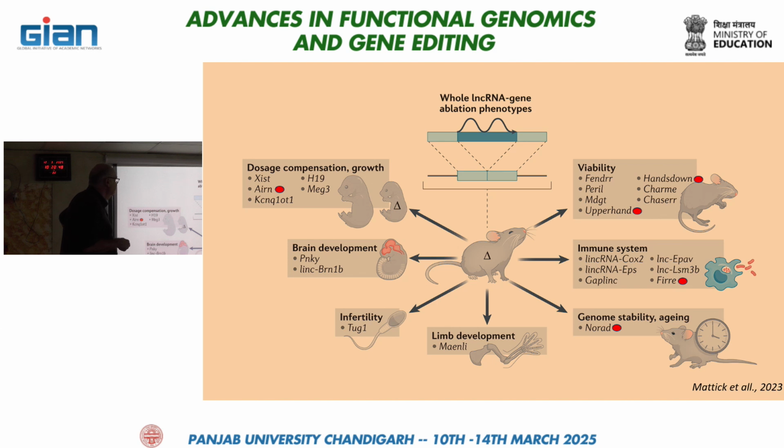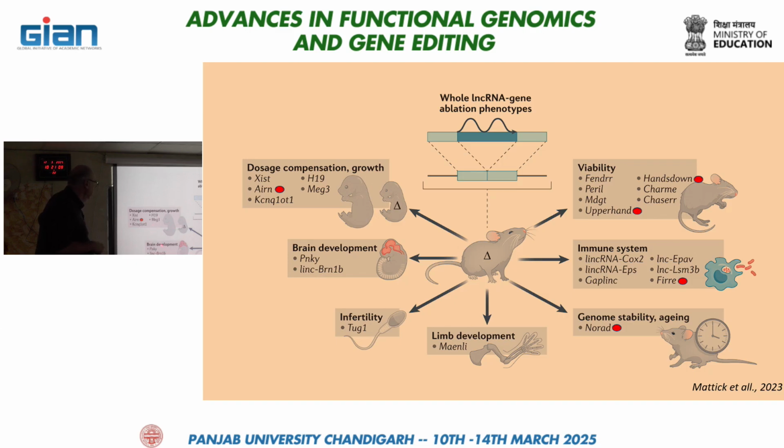I will show this just to finish. Long non-coding RNAs are extremely important for development and diseases, health, of animals and plants. You can see here in mouse that if you delete some long non-coding RNAs, something is going on.